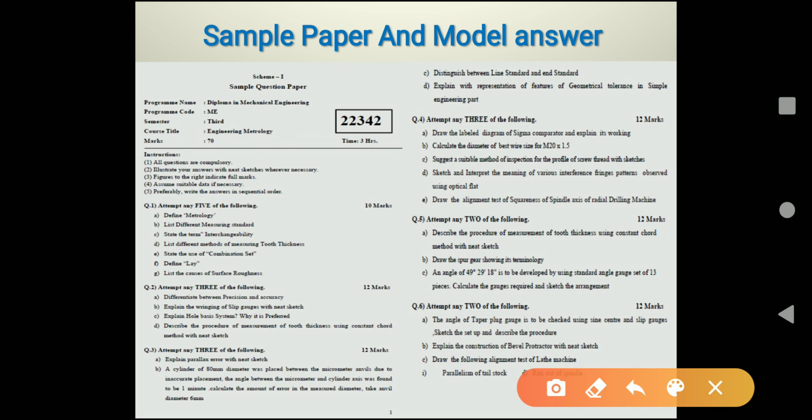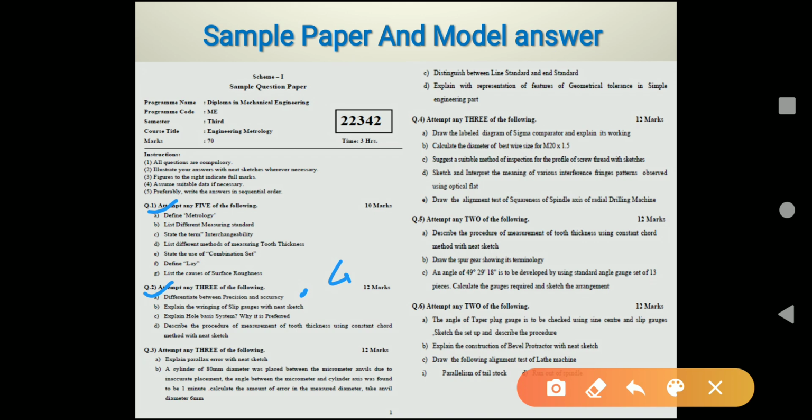Such kinds of questions will be asked in question number 1. The second question is difference between precision and accuracy. This question is asked for 4 marks. Such kind of questions will be asked in university or board question papers.